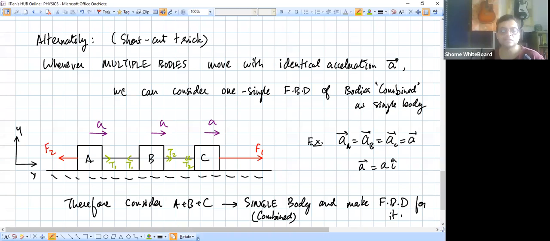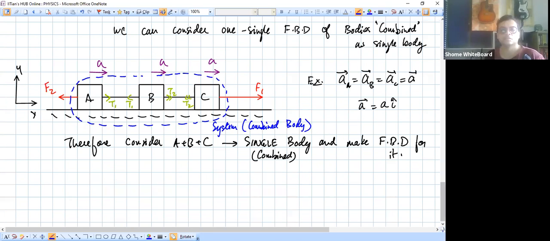So now I will consider this whole thing A plus B plus C as a system or as a combined body. Okay. So when I do that, what will happen is the tensions being internal forces within the system.